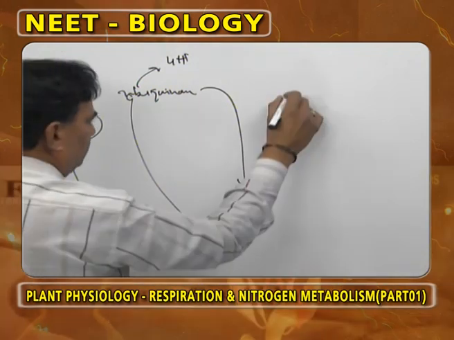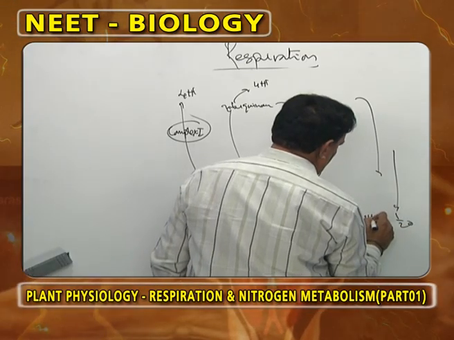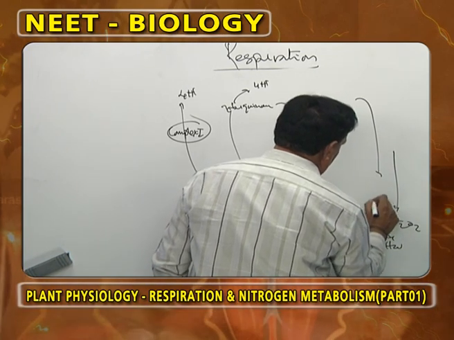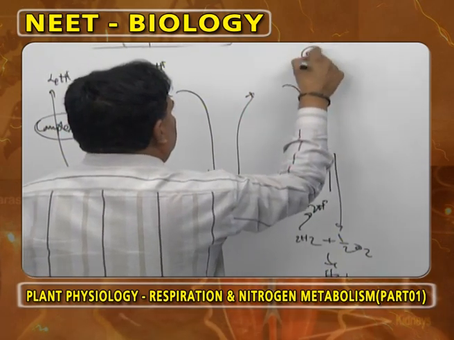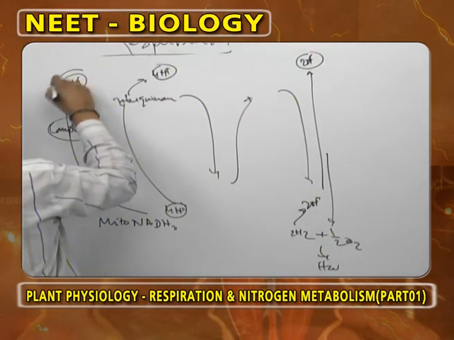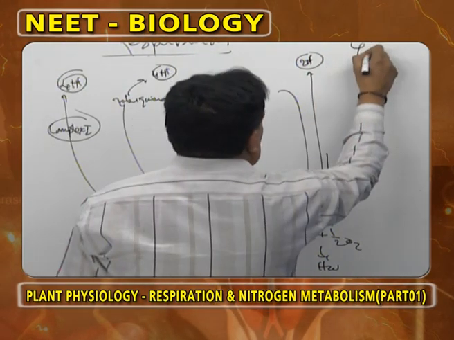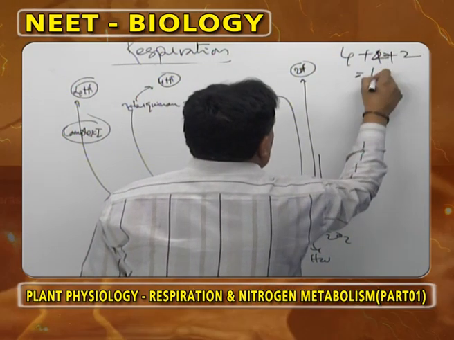Then different cycles take place. Ultimately, 2 protons are added to half O2, resulting in the formation of water. 2 protons move through complex 4 to become 4 here. So whenever NADH2 of the mitochondrial matrix is involved in the process, the protons stored there are 4 plus 4 plus 2, that means 10 protons.